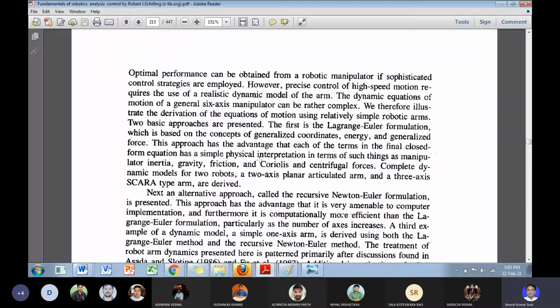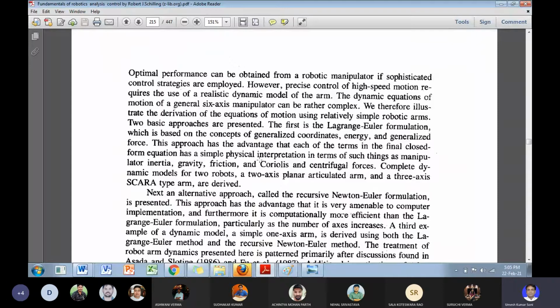So q dot, dq upon dt, defines the vector of joint velocities. Already it has been discussed that T depends upon position and velocity of the arm. So a general equation has been derived for the Lagrangian force equation.